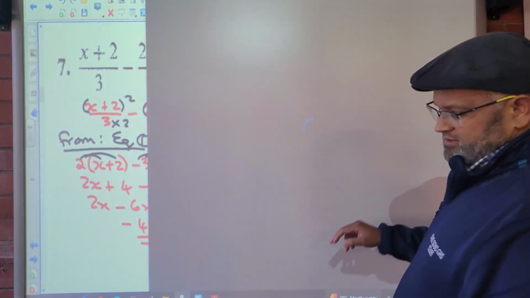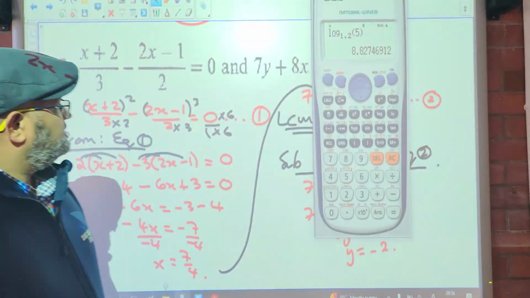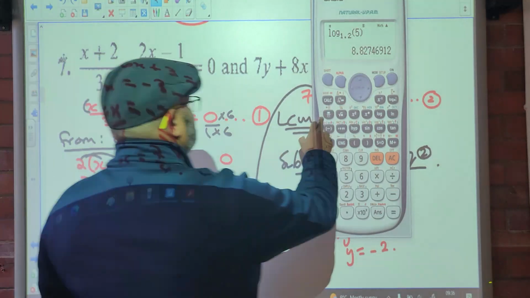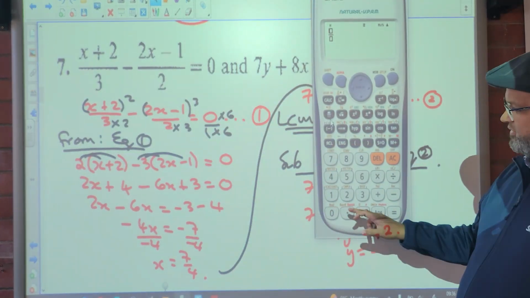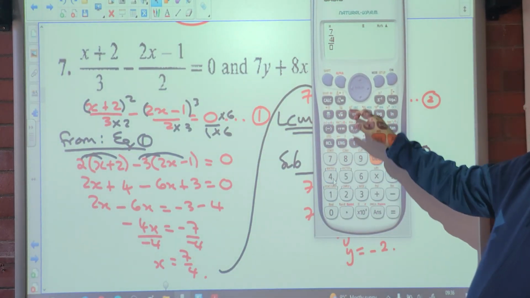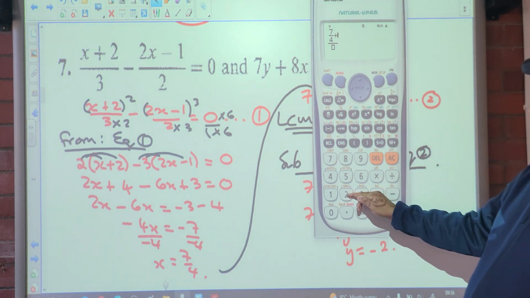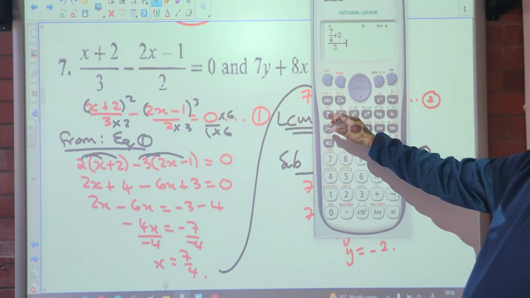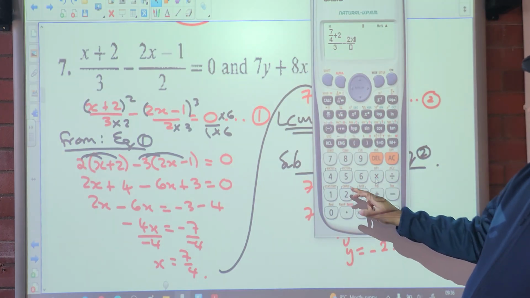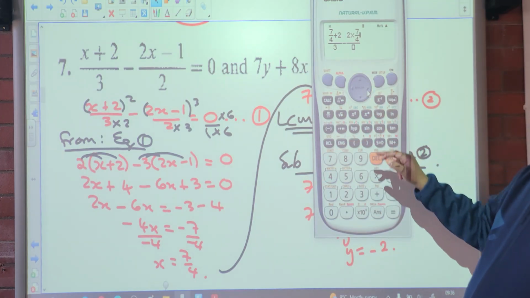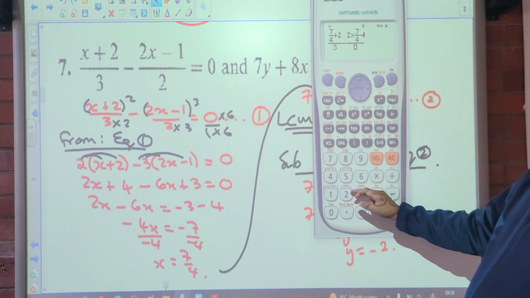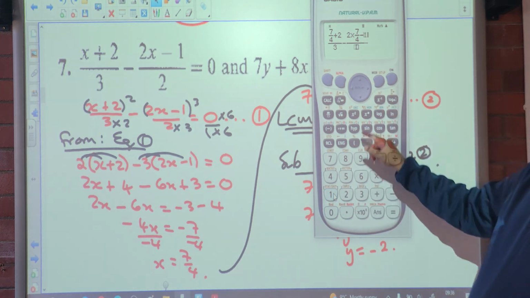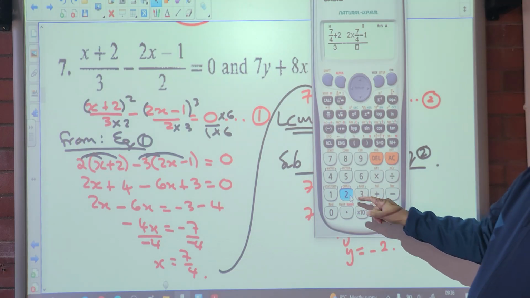We put in a bracket the fraction, that's 7 over 4 plus 2, and that's all over 3, minus fraction 2 multiplied by 7 over 4, we can put it in brackets, minus 1 over 2.